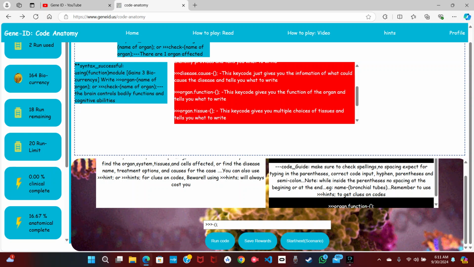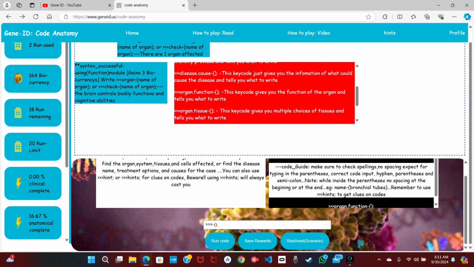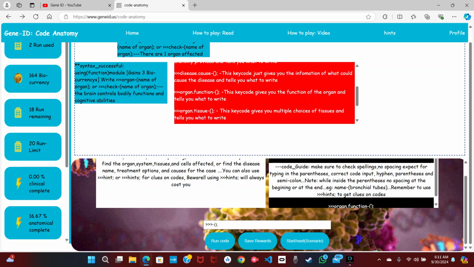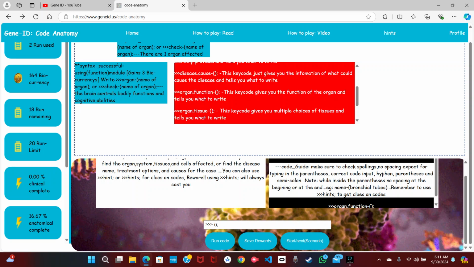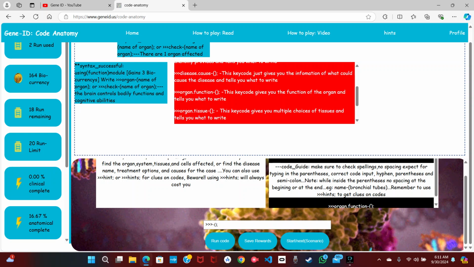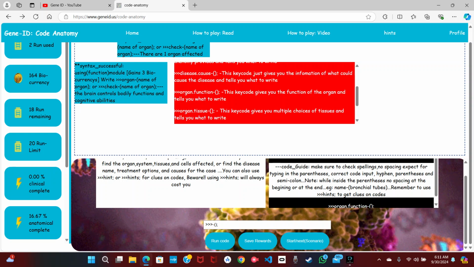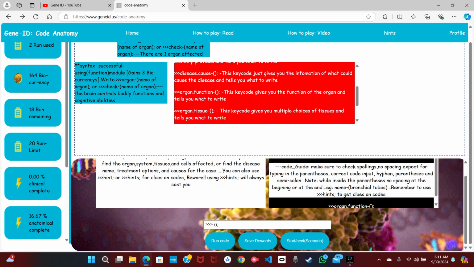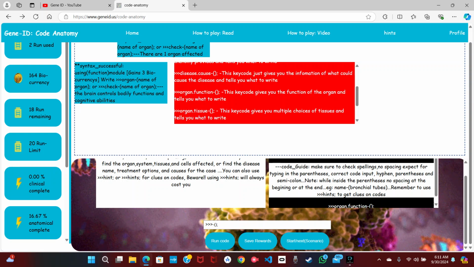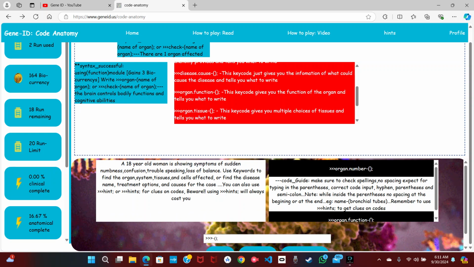So this means that I should use the answer that I got here to see what I can find clinically. So with the function of the organ, I could know which organ it is, right? So it says here, the brain. Oh, it shows me what organ it is right off the bat. It says here, the brain controls bodily function and cognitive abilities.